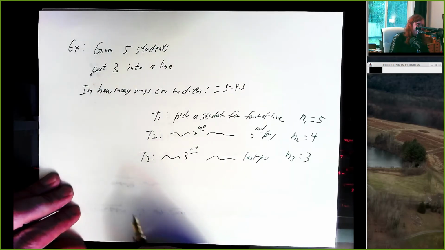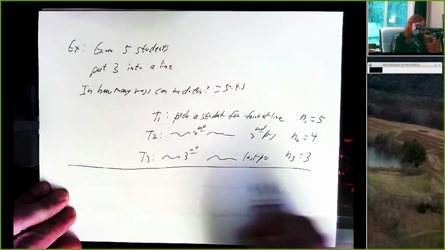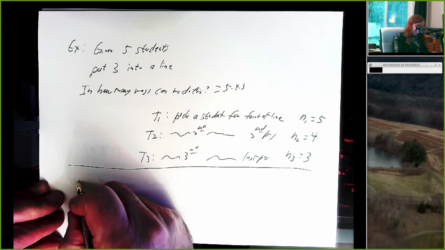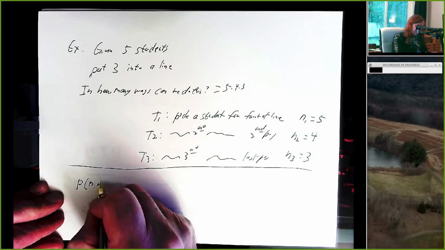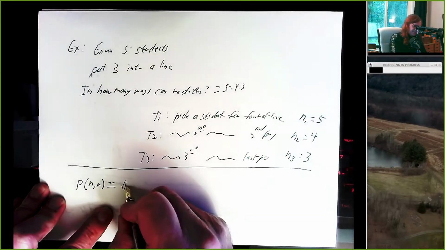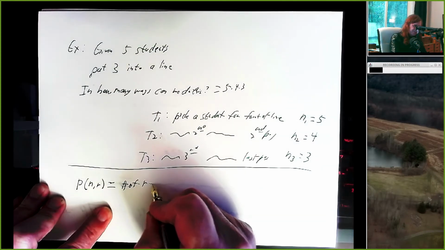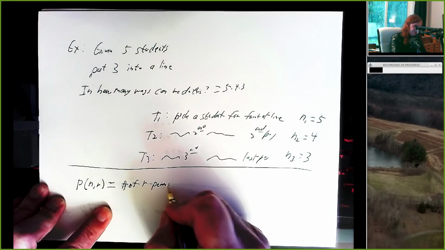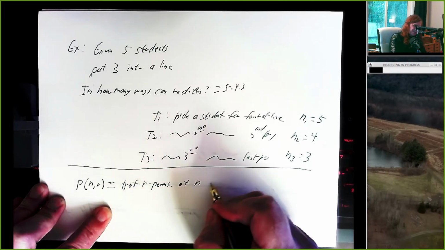So before we do a formula, let's do some notation. We'll have a general notion of P(n, r), and this is a function that means the number of r-permutations of n objects.